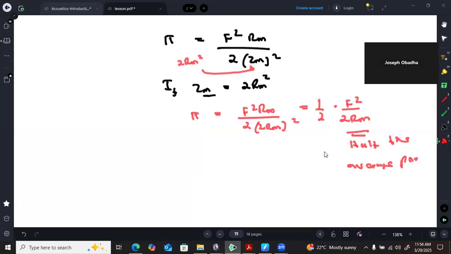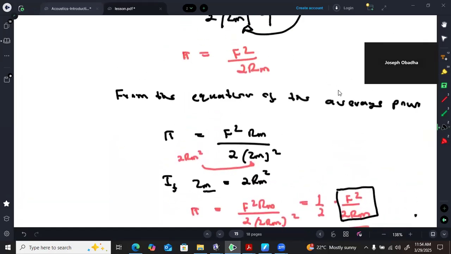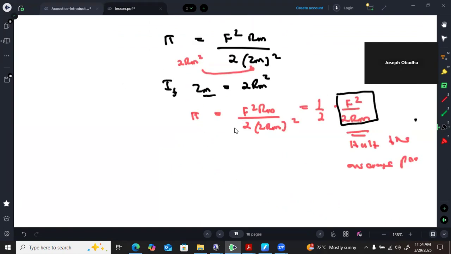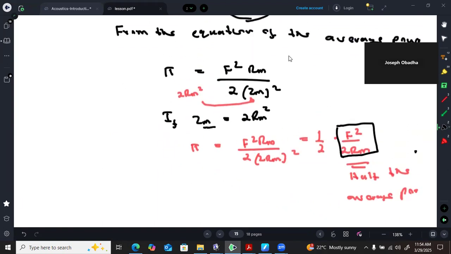Let's just go over this a little. I've taken the half outside, so we remain with F squared. Then one of the Rm cancels with the other Rm, so we remain with F squared over 2Rm, and this is what we are seeing to be maximum power. We have just chosen this, let's say, through trial and error.